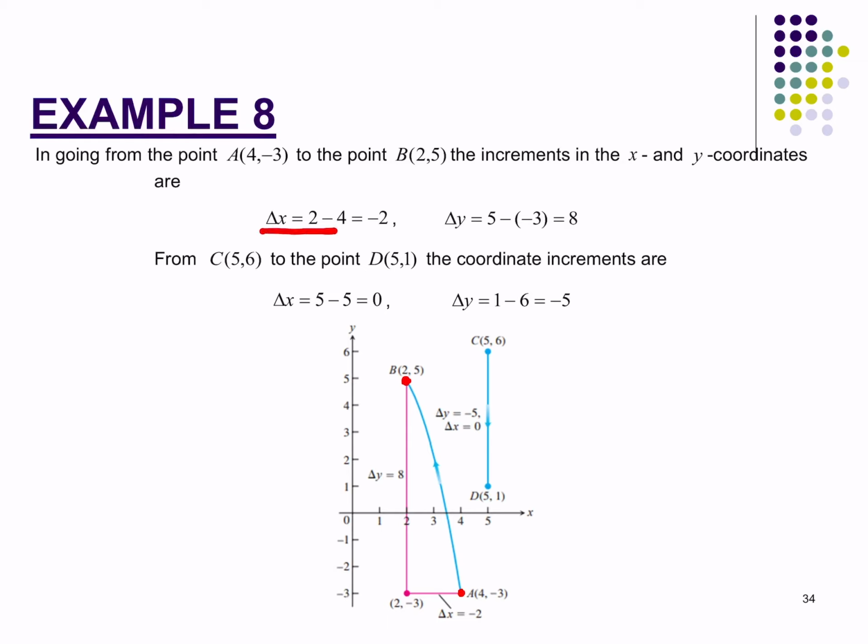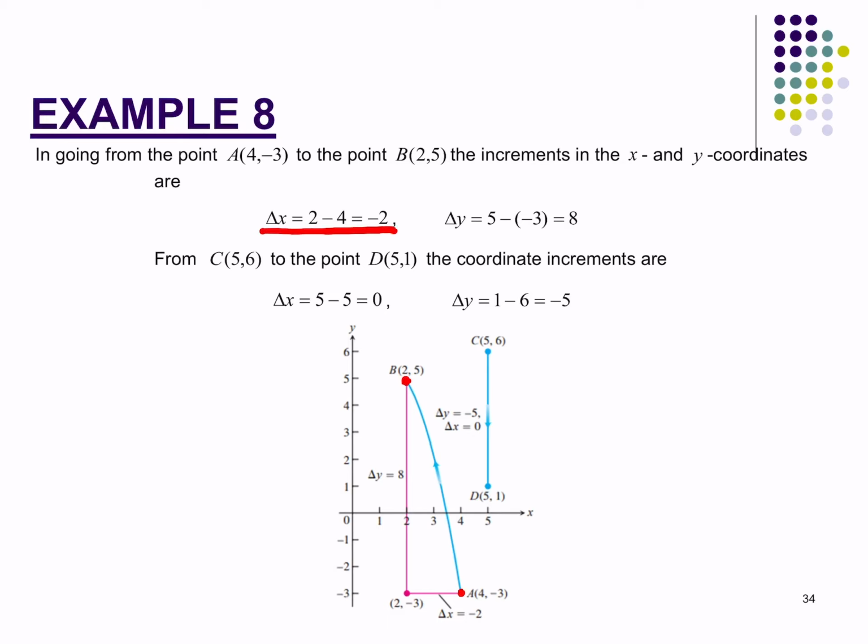Let's say for the x coordinate here, we go from 4 to 2. Therefore, you need to start with the final point at B, whose value is 2, and then subtract the initial point at A, which is equal to 4. Therefore, the increment of x in this case is -2. And how about the y?